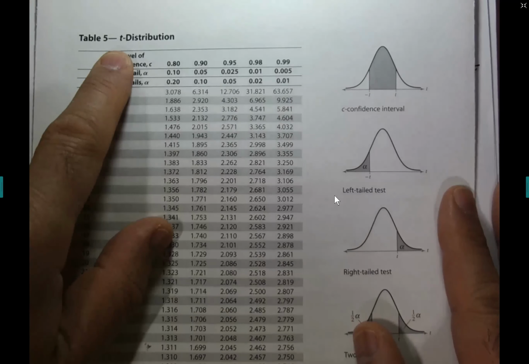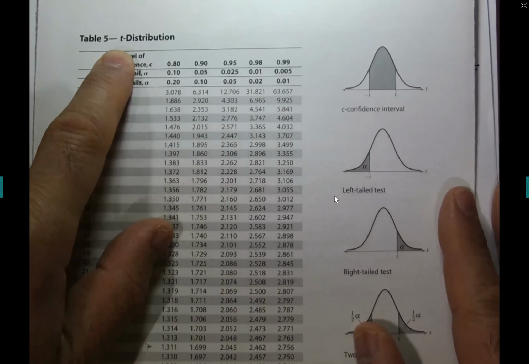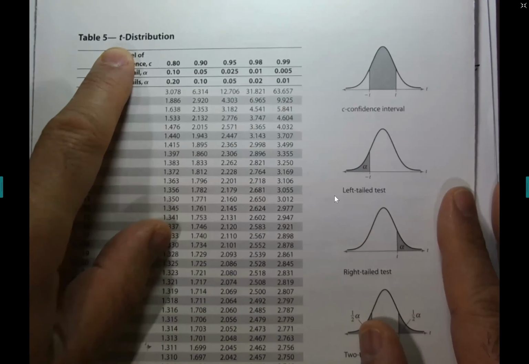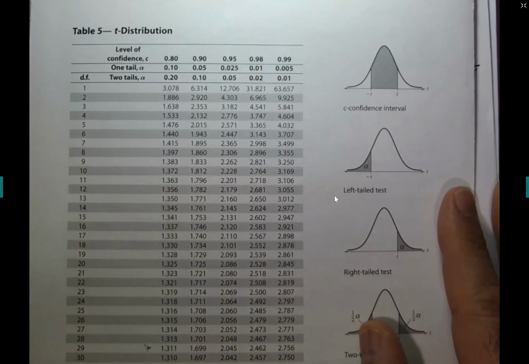It says T distribution. So that's for T. You put a note for yourself that I will be using the T distribution when sigma is unknown, and the sample standard deviation is given. So if I say construct a 90% confidence interval and the sample size is 10, let me show you guys how to find just this TC value.